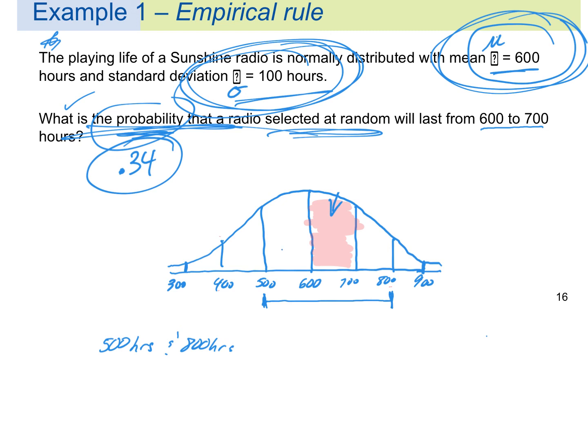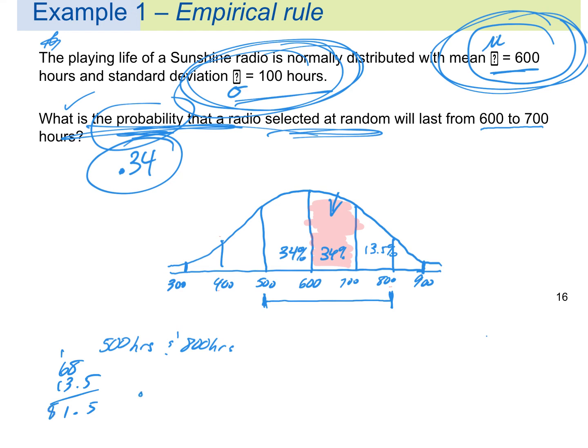Using the empirical rule, you know that this is 34, and this is 34. And if you can't remember, this is 13.5. So basically you add them all together, and that will give you the percentage in between. So we have 68 and 13.5.